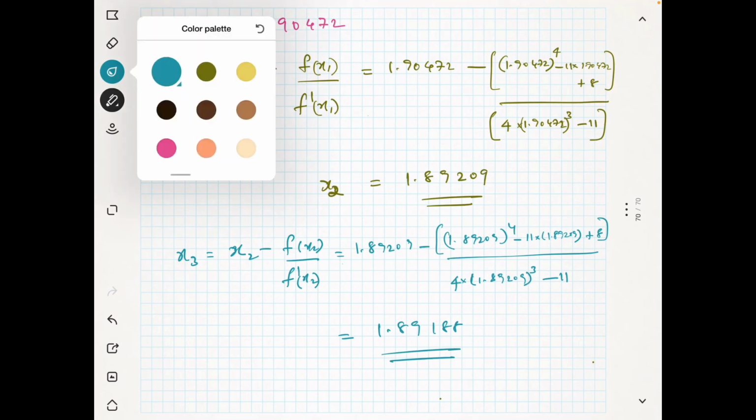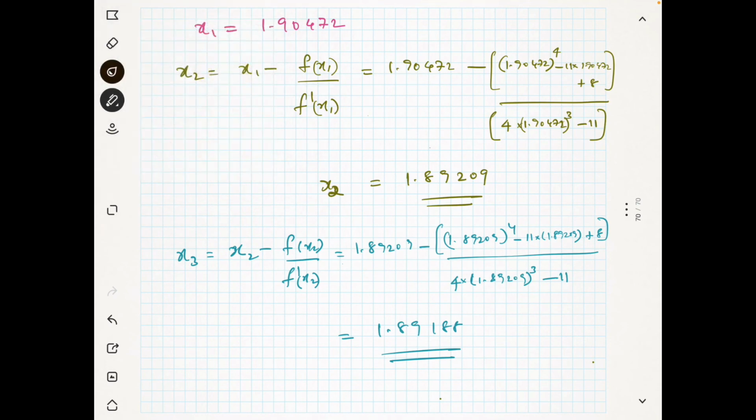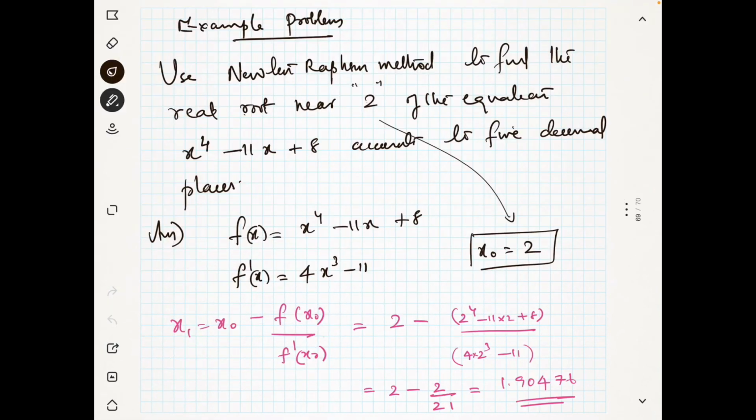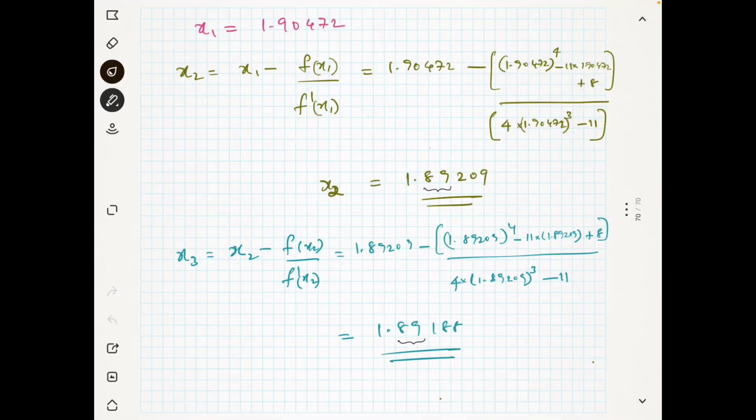So you see here, if you compare x2 and x3, the second decimal place is okay, but the third decimal place is not. We need the answer for 5 decimal places, I think. Anyway, I will just rewrite the question for 3 decimal places. Five decimal places means you have to do more iterations.